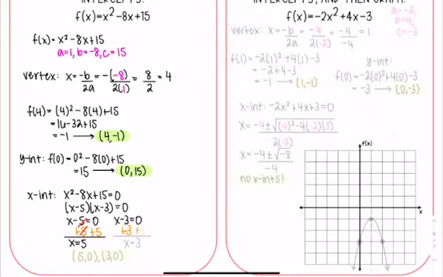And adding 3 to both sides, we get that x equals 3. And so we end up getting the points 5, 0, and 3, 0 as our x-intercepts.